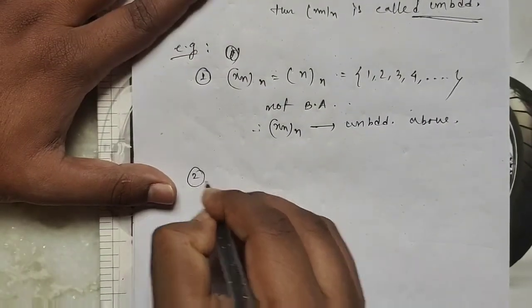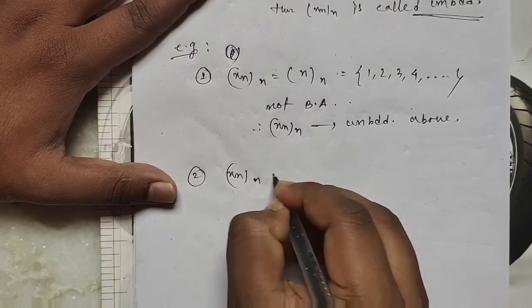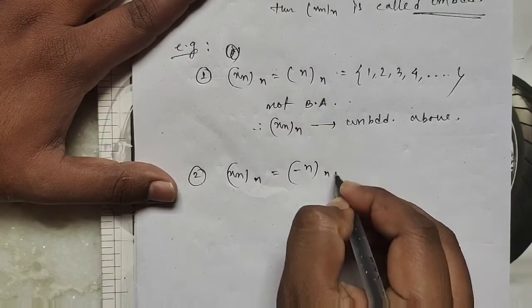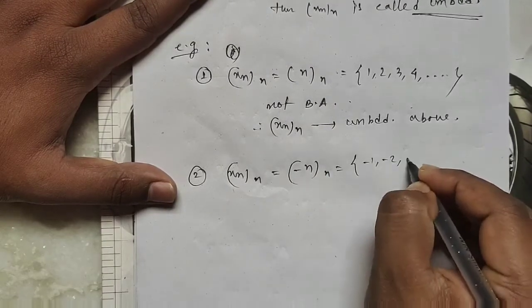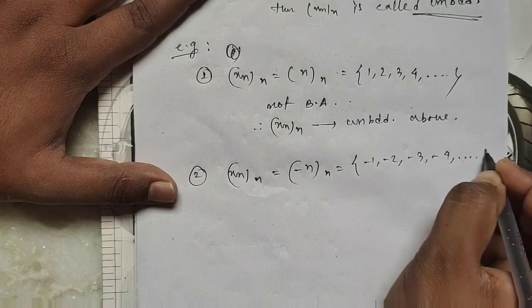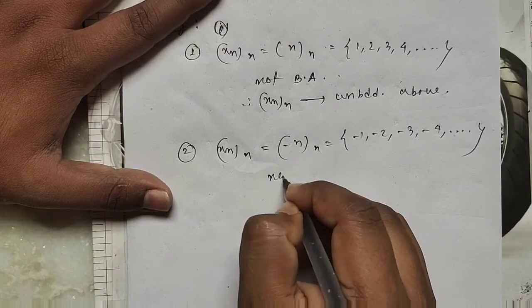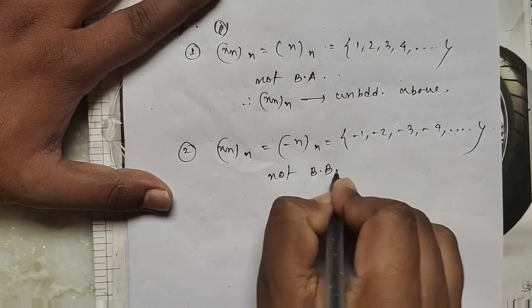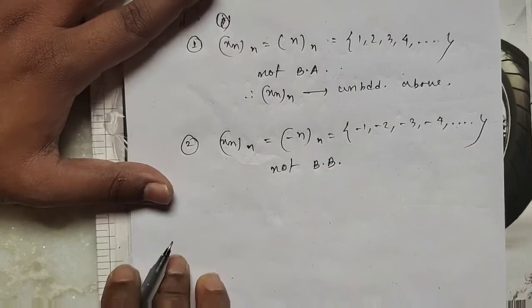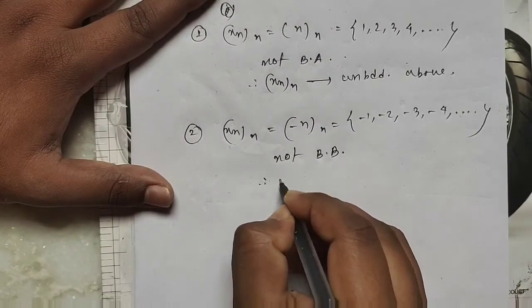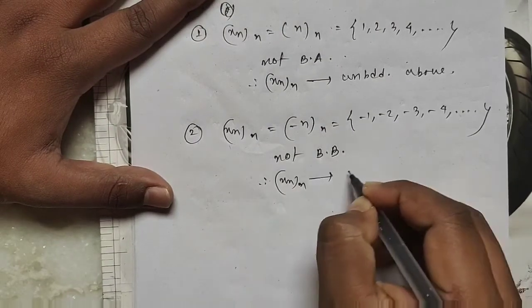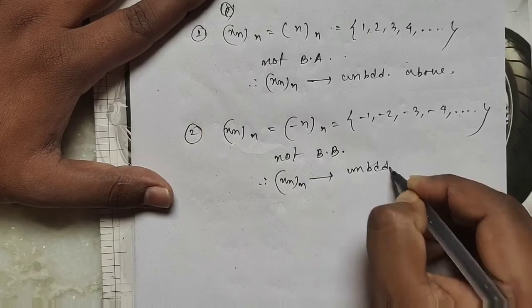Number 2, if xn is minus n, that is minus 1, minus 2, minus 3, minus 4 and so on, so this is not bounded below. Therefore the sequence is unbounded below.